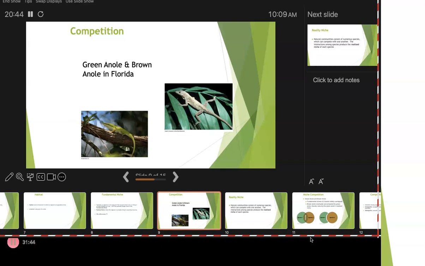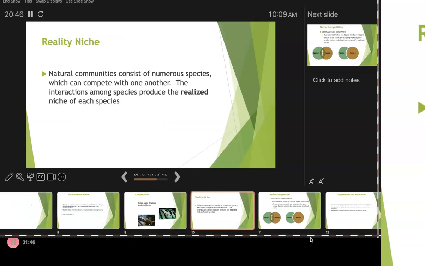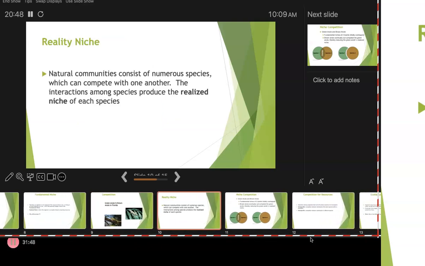Let's see what the next slide brings us. Absolutely nothing. That's what I thought. I think it's in the next slide. I see green and brown circles overlapping. I'm guessing that's the two critters. So the realized niche. Remember how I told you there was another niche coming up? We had fundamental and we had realized.